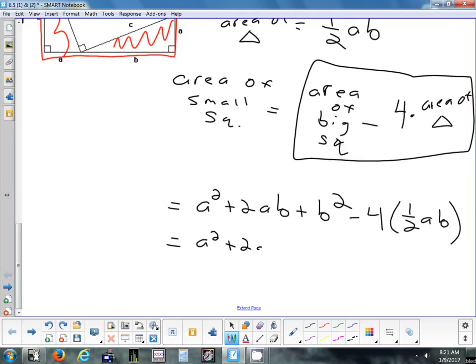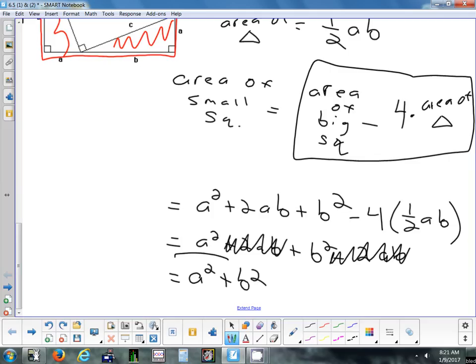What's 4 times 1/2? 2AB. And now what happens? I have minus 2AB plus 2AB, and I get the area of the small square according to this formula is what? A squared plus B squared.